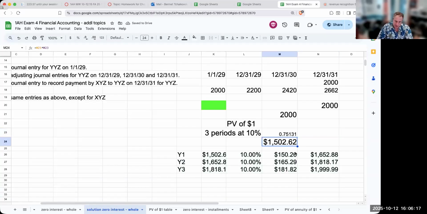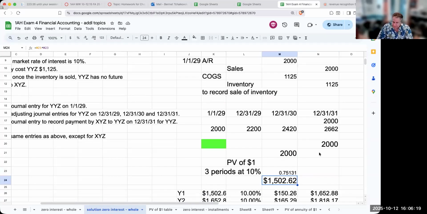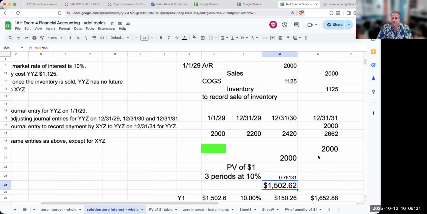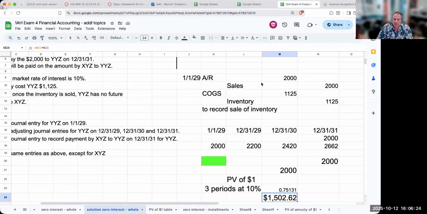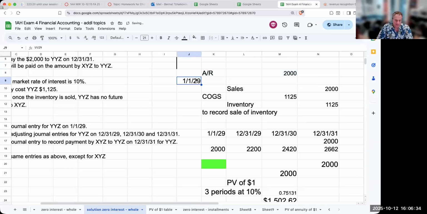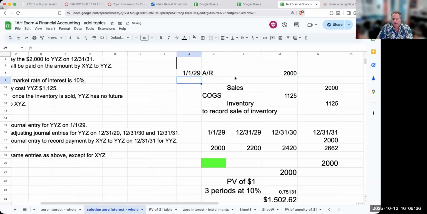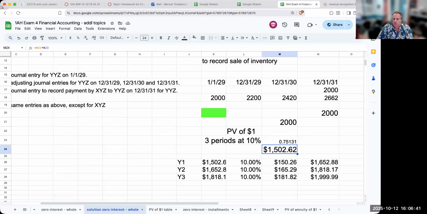So when I see this over here, what I have to delineate is this. I need to say to myself, well, the accounts receivable may be $2,000. However, it's not really 2,000 because part of this really represents interest.